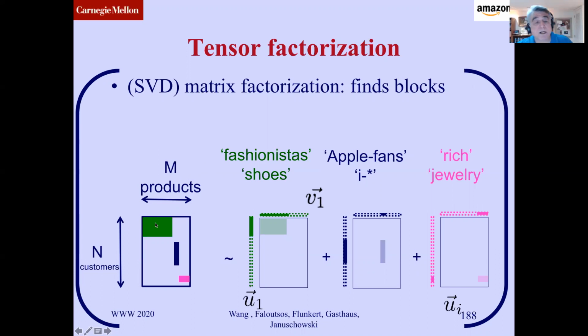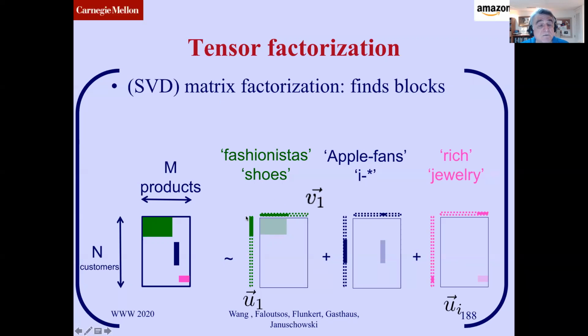So let's assume that the green blob corresponds to people who are fashion aware, and the products are fashionable shoes. The blue blob, the blue hidden variable, corresponds to Apple fans who will buy anything, any i product, iPad, iPhone, anything, iMac. And the third corresponds to affluent people who buy jewelry and so on. So the singular value decomposition in this case, if we ask for rank 3 decomposition, will give 3 pairs of vectors, the U1, V1, which will correspond to the first concept.